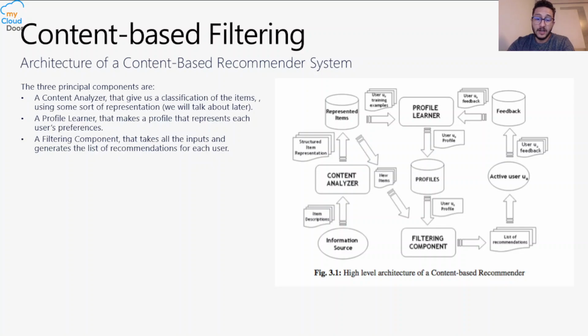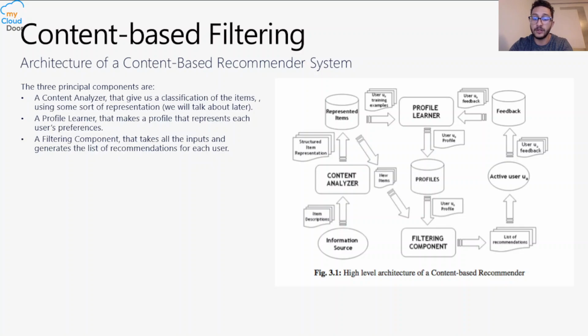So basically how this will work is the content analyzer transforms and prepares the items to be filtered, most likely by applying natural language processing techniques, then calculating their similarity score.